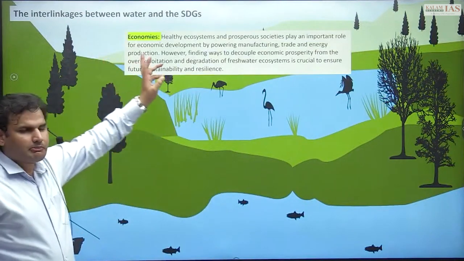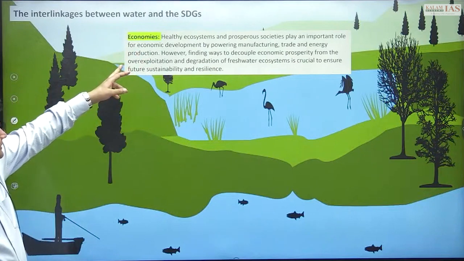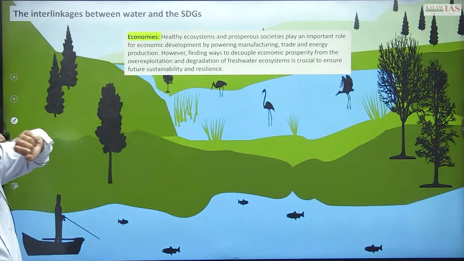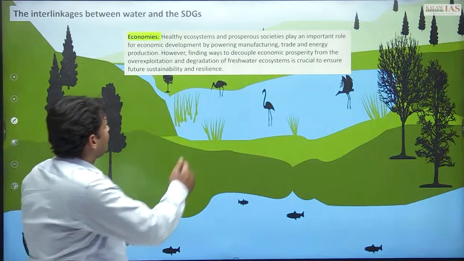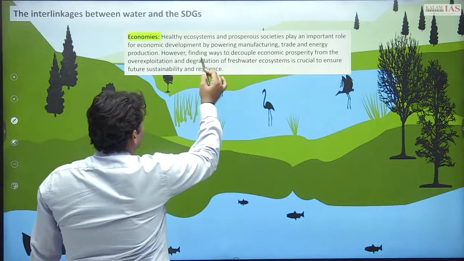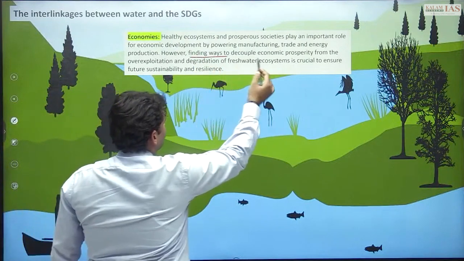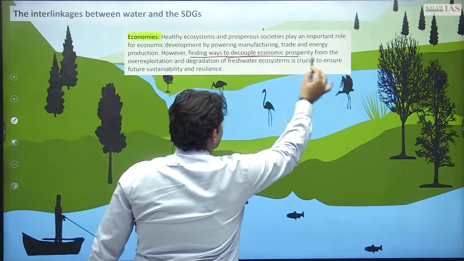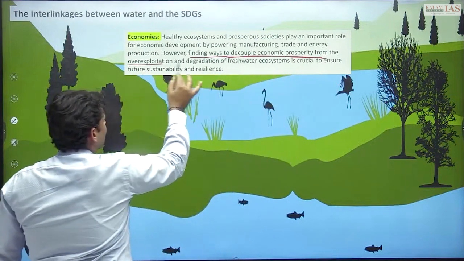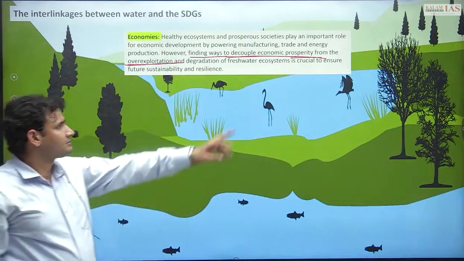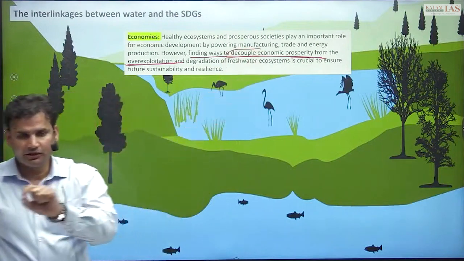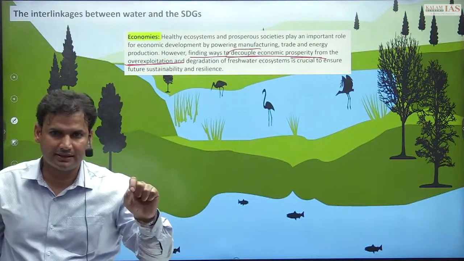So this report talks about the economies, right? And what is important to remember? Important to remember is that we need to find ways to decouple economic prosperity from over-exploitation, right? We need to de-link these things, we need to decouple these things.